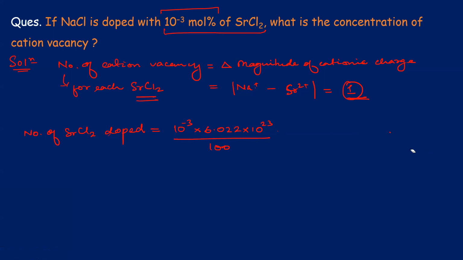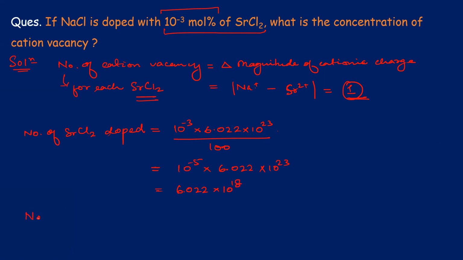If you have to get the exact number, then you just divide by 100, right? So this will be equal to 10 to the power of minus 5 into 6.022 into 10 to the power 23, which will be equal to 6.022 into 10 to the power 18.